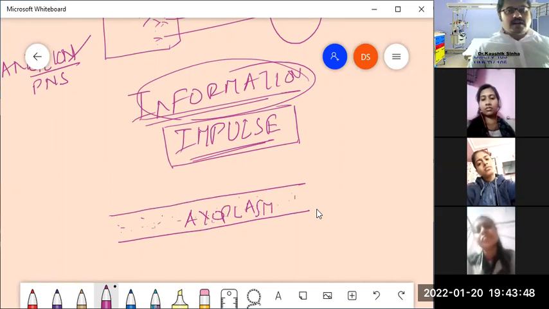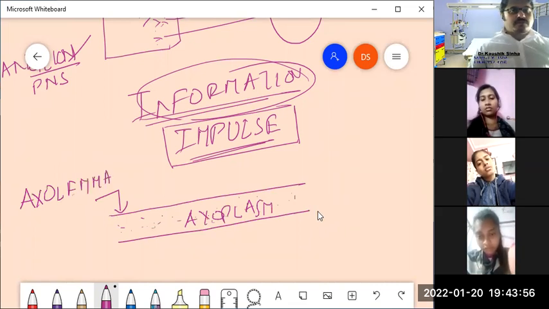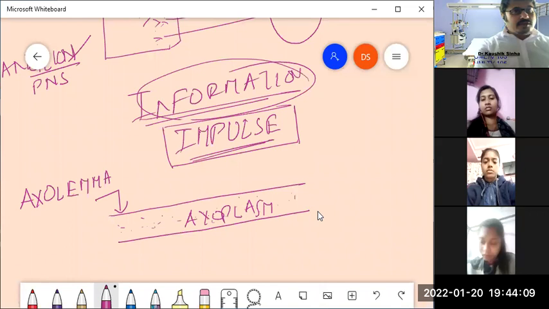It is guarded by this membrane, which is known as axolemma, or we can call it the cell membrane of the axon. Simple. Technically termed as axolemma. Clear?